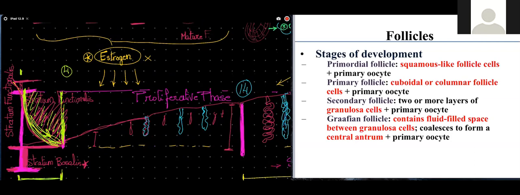As I start to grow the follicles, releasing the estrogen will be enhancing the proliferation of the stratum basalis, for the stratum basalis to start building up the stratum functionalis, increasing the thickness, as you see on here, of the stratum functionalis. So the main thing that takes place at this point under the effect of estrogen is going to be the proliferation. So we call this phase of the menstrual cycle the proliferative phase.